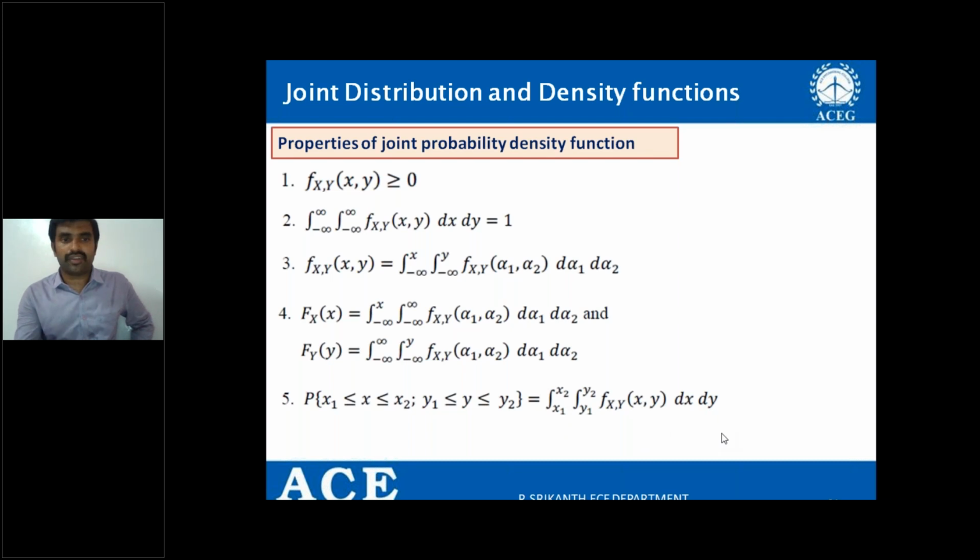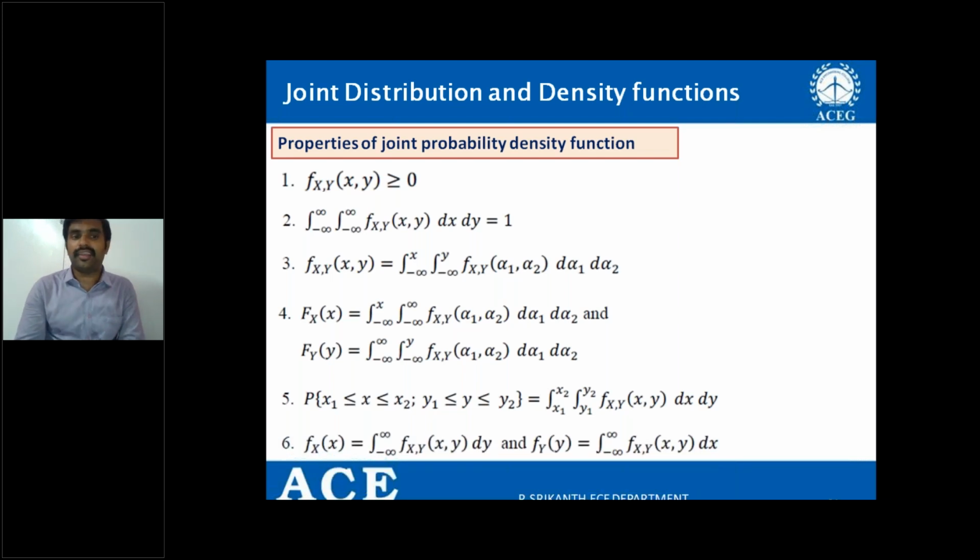Am I clear? So this is finding or deriving joint probability by knowing the joint density function. The last property is about marginal density functions. Just now we have seen marginal distribution; marginal density means the density functions of individual random variables.